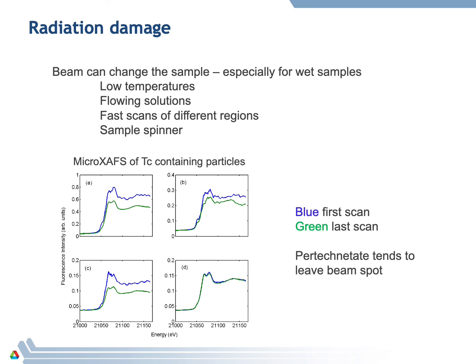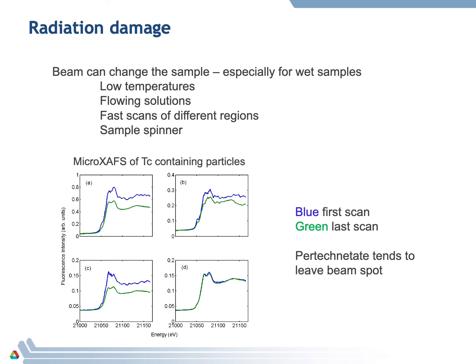Just to get back to this radiation damage issue, even without the microprobe, say on an insertion device beamline, or even on a bending magnet, for really sensitive samples like biological samples, you can get radiation damage, which means the beam is changing the sample. This is really a problem for wet samples.